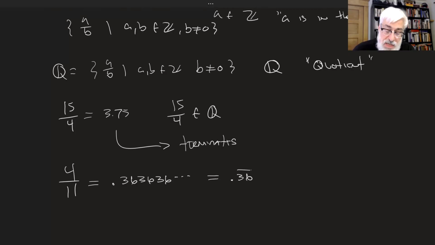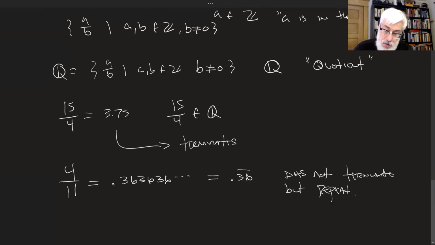Notice this does not terminate, but it repeats. This is important because when we define what an irrational number is, we're going to use a little bit of this terminology.